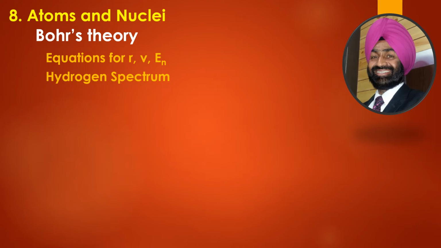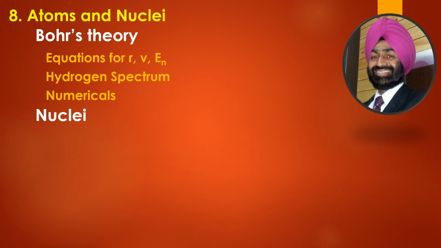Then comes hydrogen spectrum, that is spectral lines, Lyman series, Balmer series, Paschen series, Brackett series, Pfund series, and so on, and their corresponding transition numbers, that is the starting point and the final point, and the base numericals, which may require calculation of wavelength for a particular series of hydrogen spectrum.